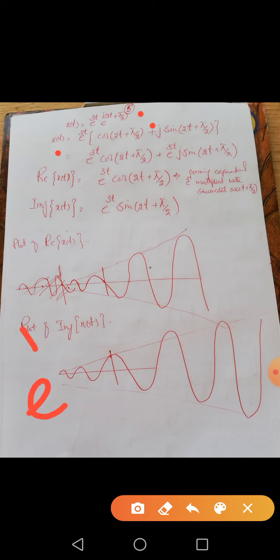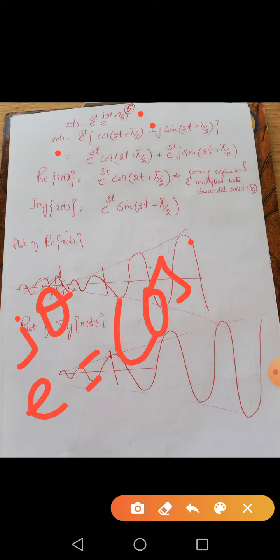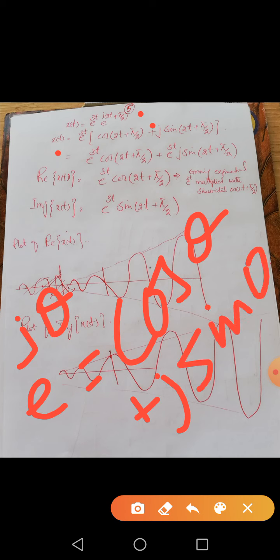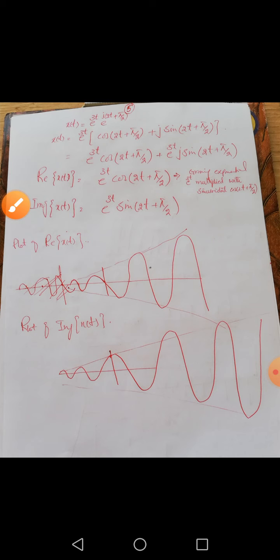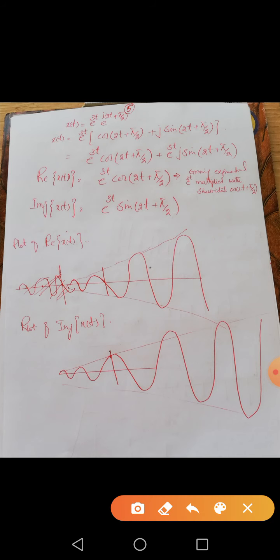If you remember, we studied that e power j theta equals cos theta plus j sin theta. Here, instead of theta, we have 2t plus pi by 2. That is why we can write this as e power 3t cos(2t plus pi by 2) plus e power 3t j sin(2t plus pi by 2).